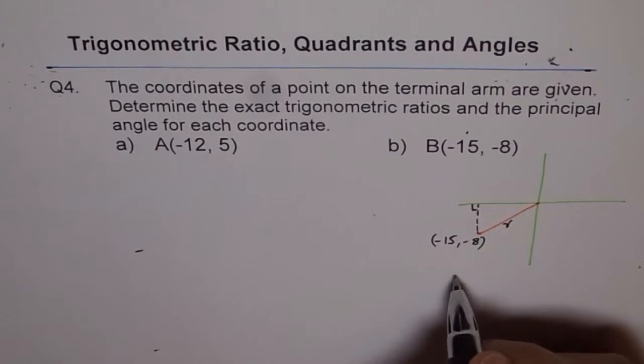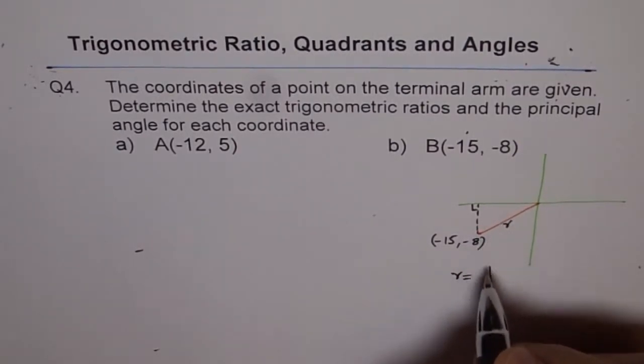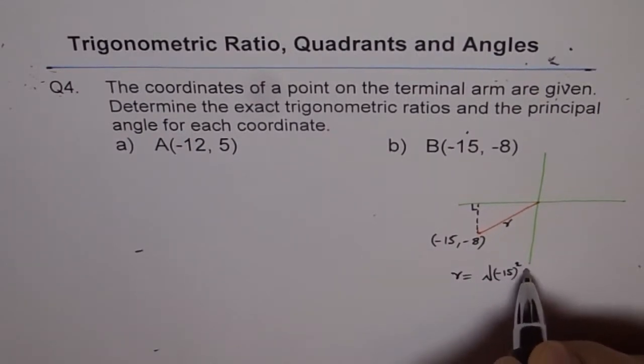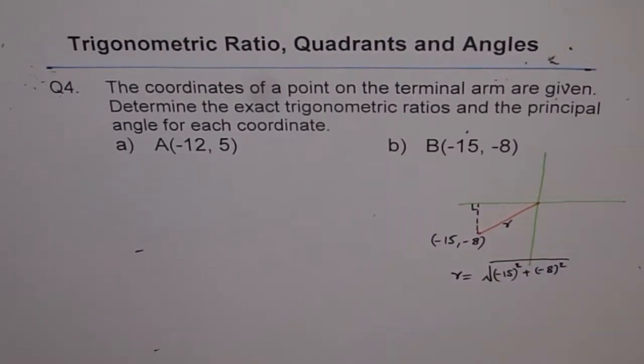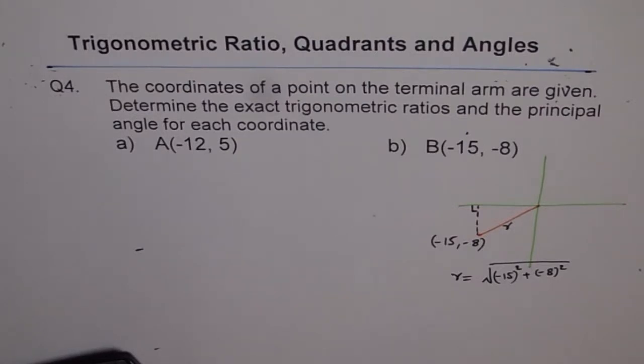Now R is equal to the square root of minus 15 squared plus minus 8 squared. So we get 15 squared plus 8 squared, square root of 289, and the square root of 289 is equal to 17.